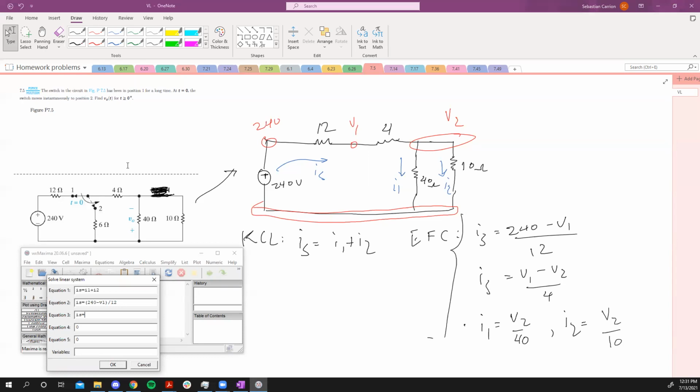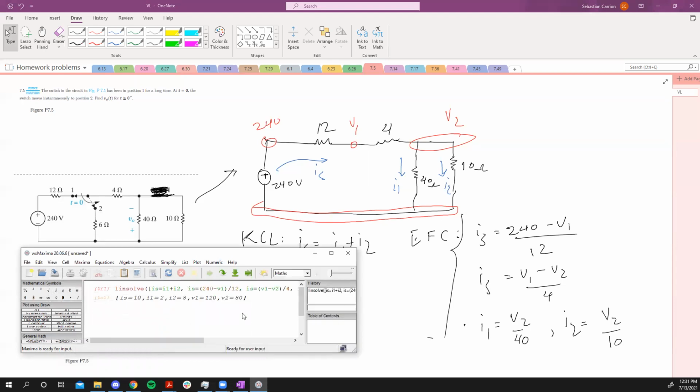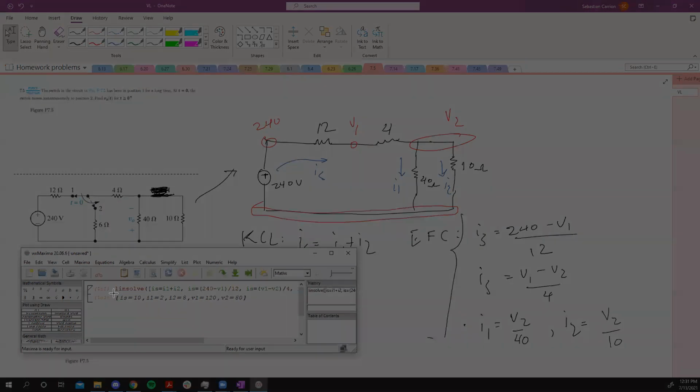IS equals V1 minus V2 over 4. I1 equals V2 over 40. I2 equals V2 over 10. And then our variables are IS, I1, I2, V1, V2. Cool. Copy and paste this.